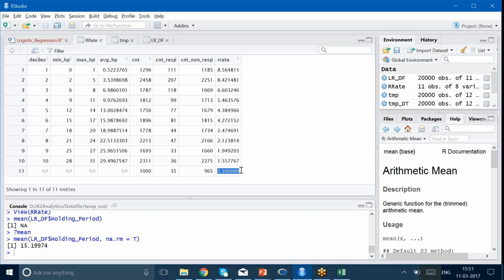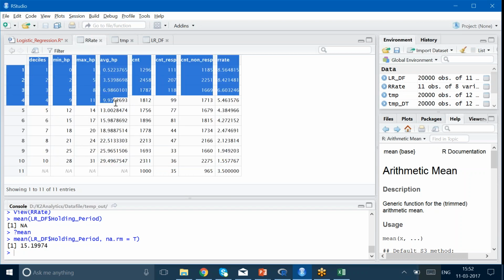Yeah, I'll make that statement. The moment I make that statement, any customers whose holding period is not available, that customer's holding period is 0, what will happen? All of these cases will become part of this. Okay, if they become part of this, let's see what would be the scenario.